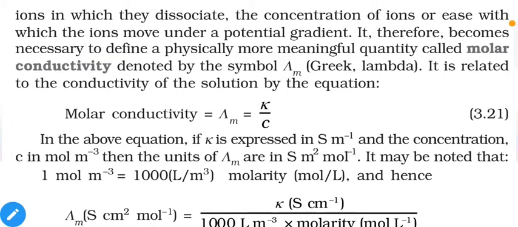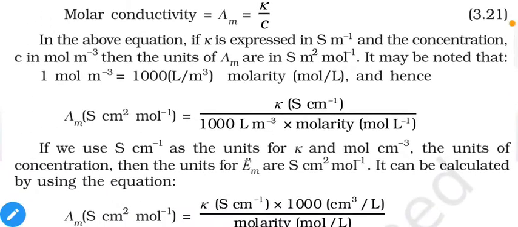So molarity is mole per liter, and hence our equation will be, now with units, the same equation. Unit of lambda will be S centimeter square mole inverse, equal to kappa in S centimeter inverse divided by 1000 liter divided by m cube multiplied by molarity.